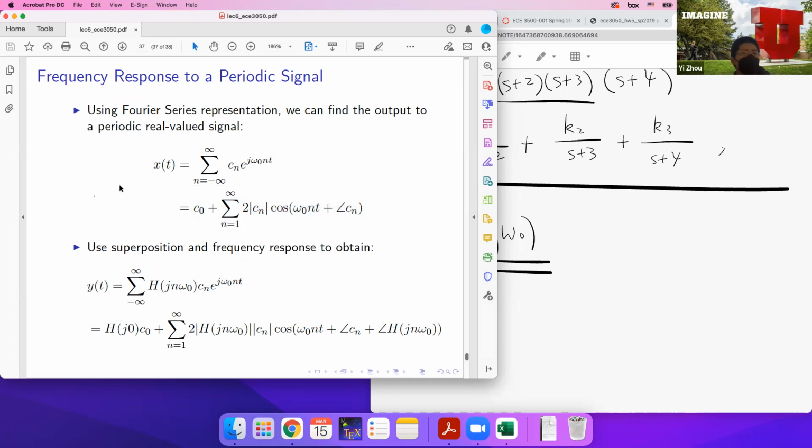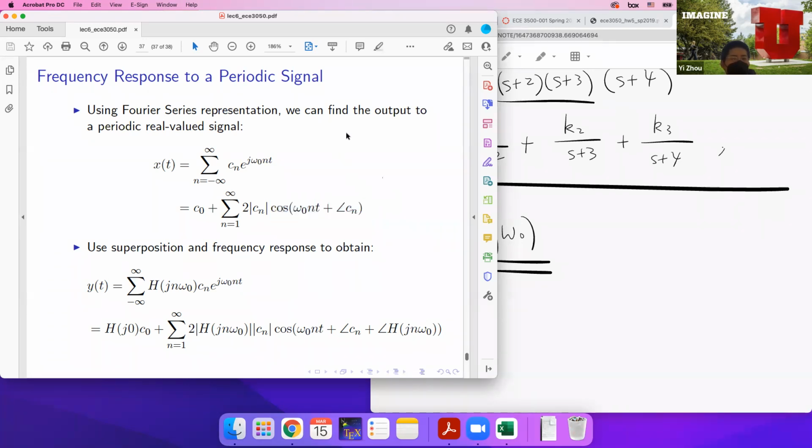So basically, every periodic real valued signal can be written in this way as a combination of standard sinusoidal signals. And then in the previous slides, we showed that we have an understanding of the response to each of the sinusoidal signals.